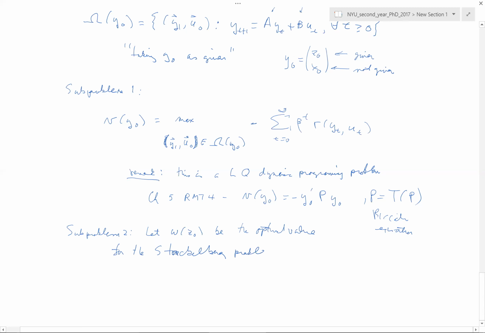That's the one we really want to solve. So W of Z0 is going to satisfy this. It's going to be the maximum over X0 of V of Y0, which we've already computed.